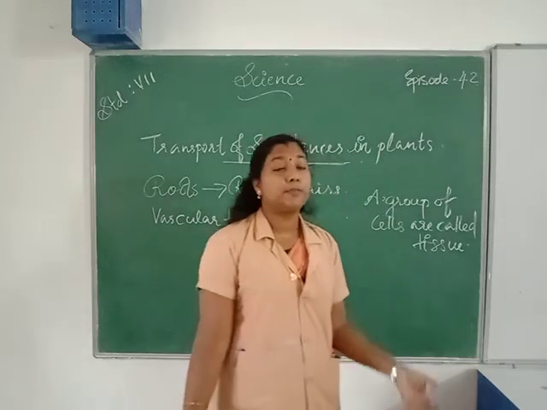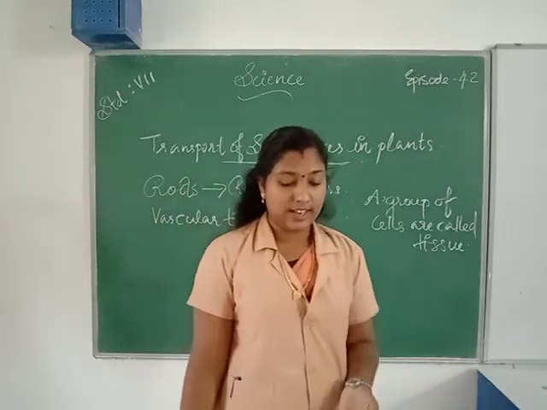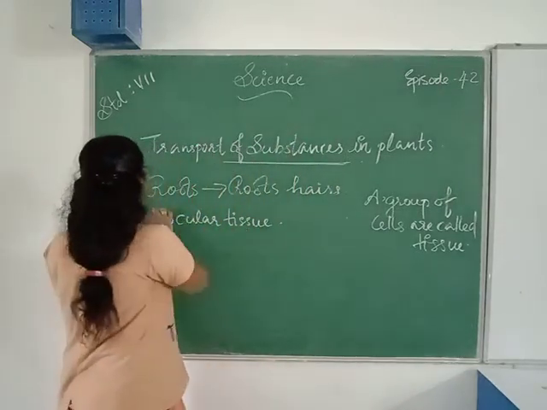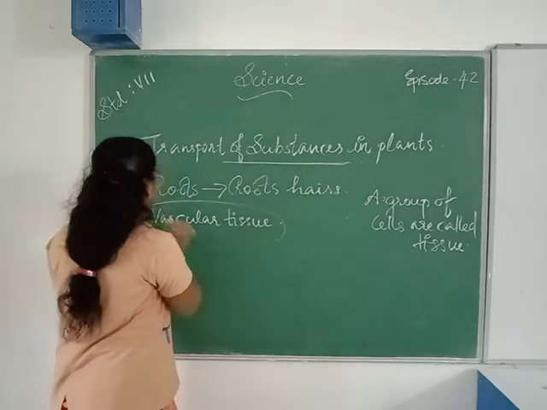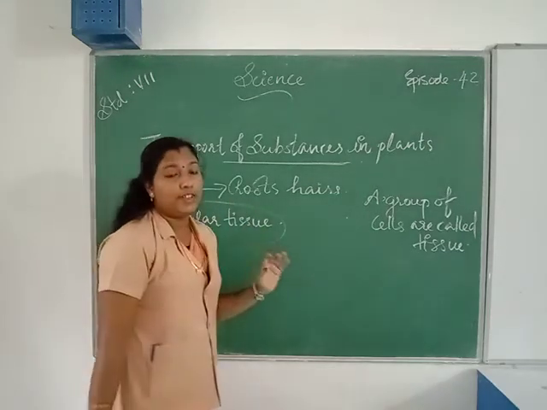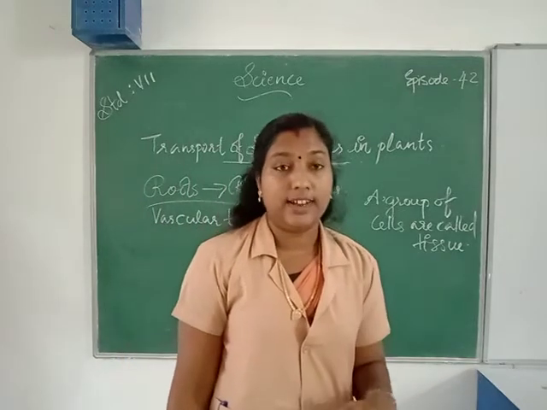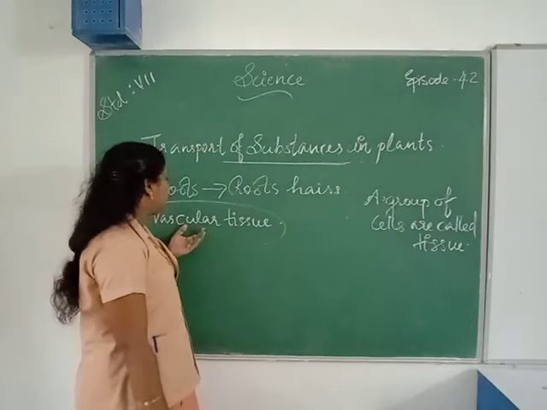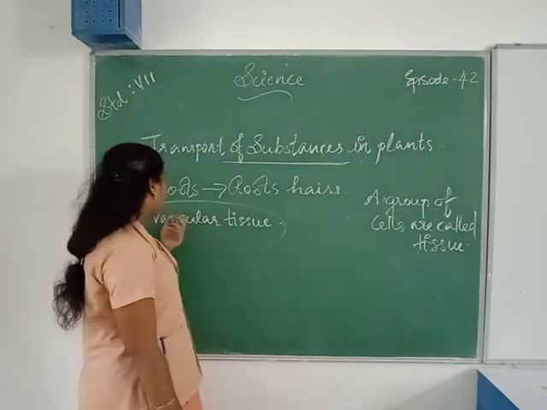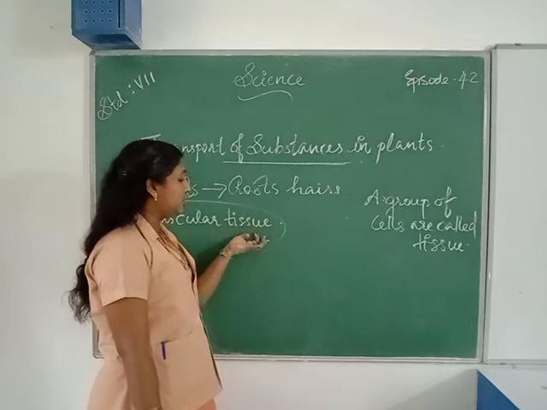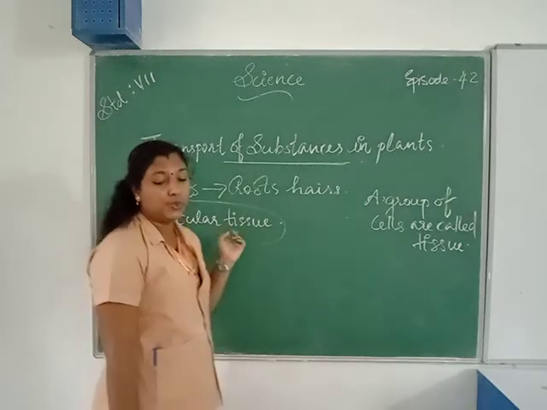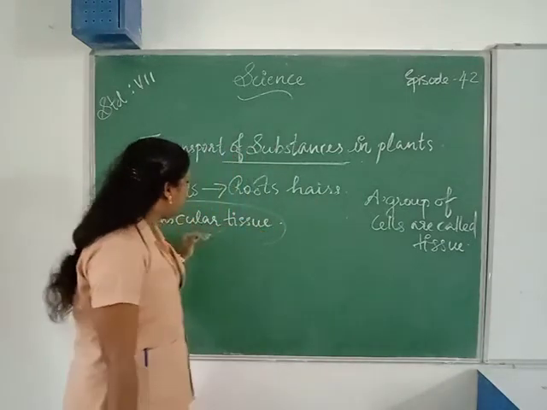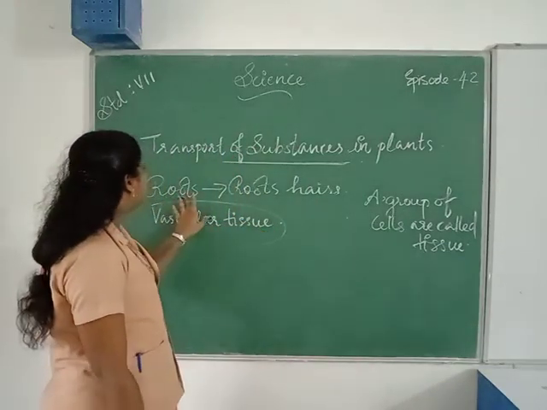The vessels are made of a special type of cells, a group of cells or tissues, and that is called vascular tissue.